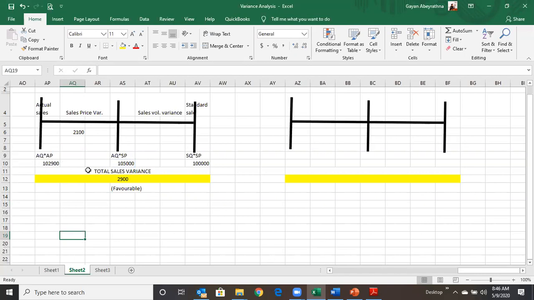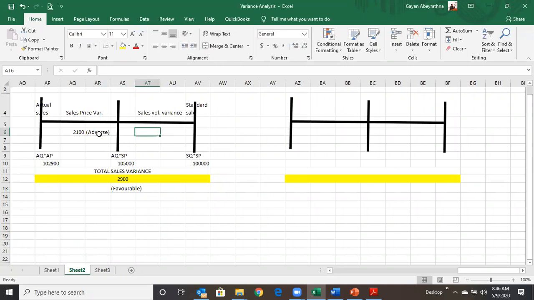If they sold this quantity for standard price, they would have earned 105,000. That means they have earned less than the standard one. Then here variance becomes adverse.